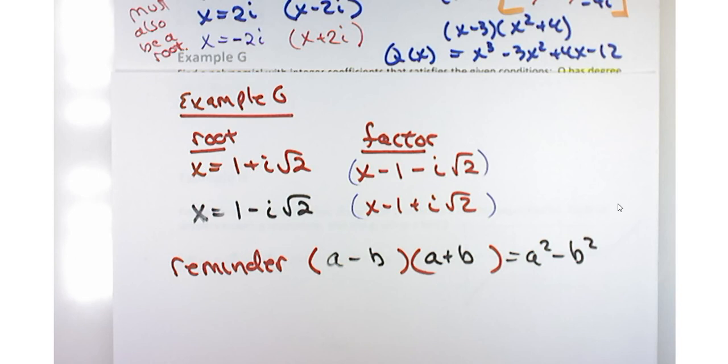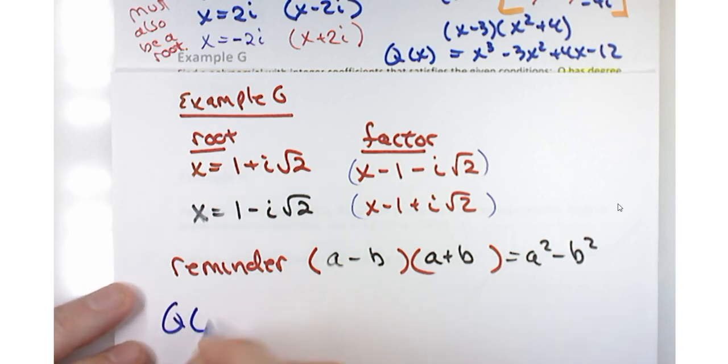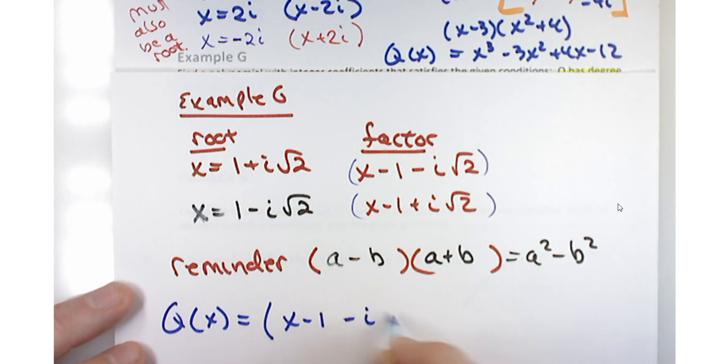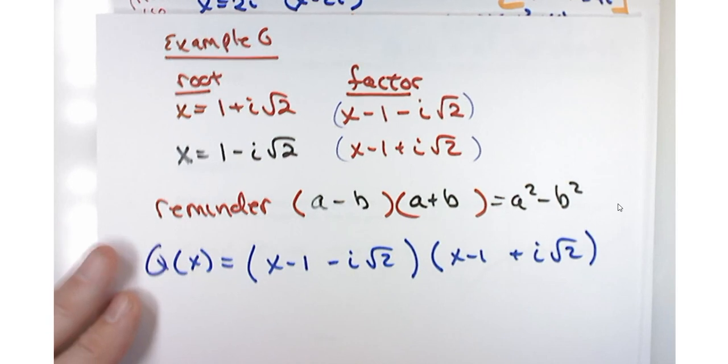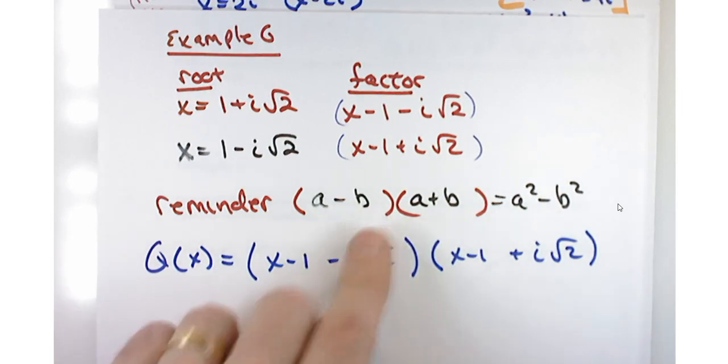Well, how is that relevant to what I have here? Let me show you. So Q of x is going to be x minus 1 minus i times the square root of 2 and x minus 1 plus i times the square root of 2. So far, it doesn't look too much like what I have up above.